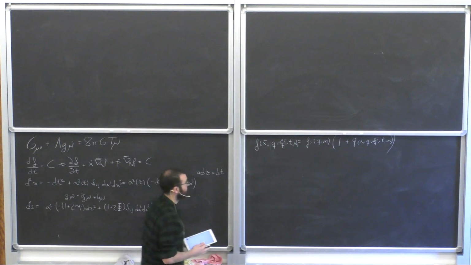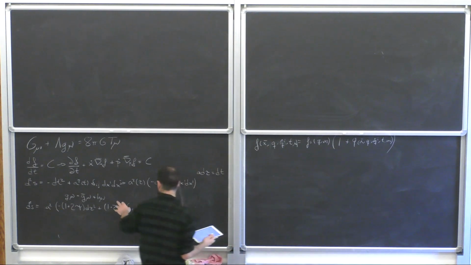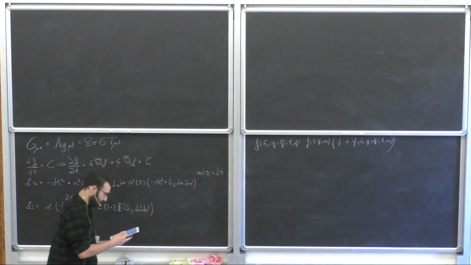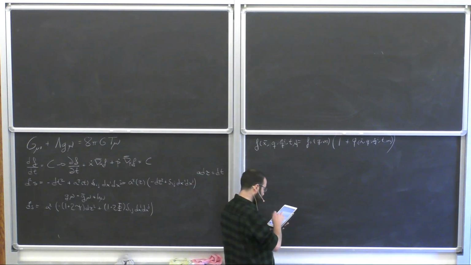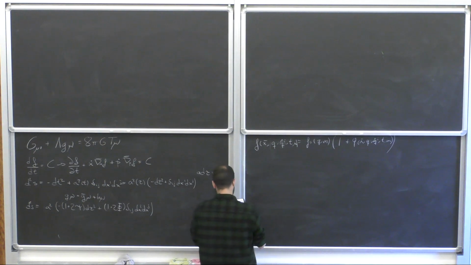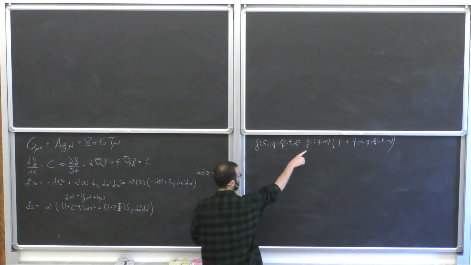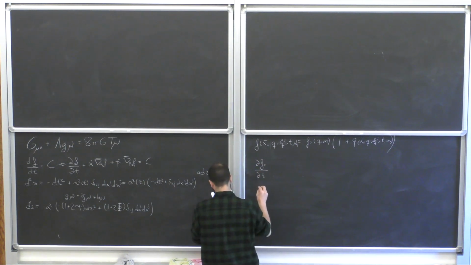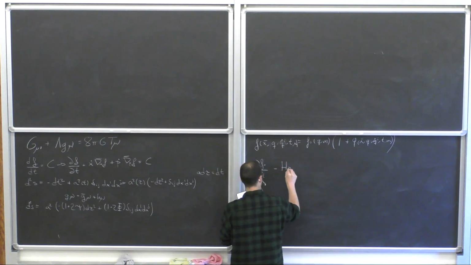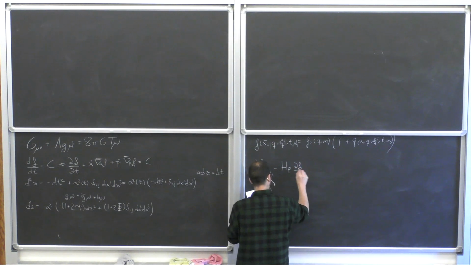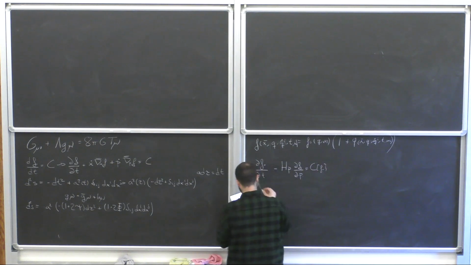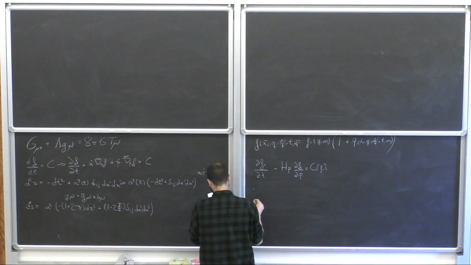And if we substitute this here and take into account the metric for these terms, we will end up with some evolution for both the background and the perturbations that goes like this.